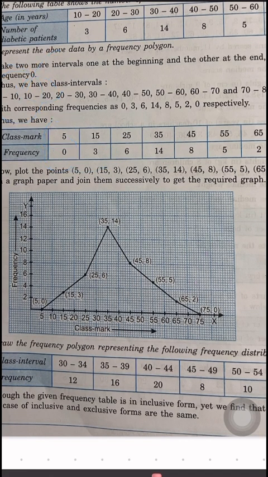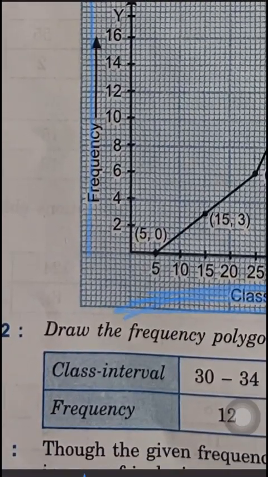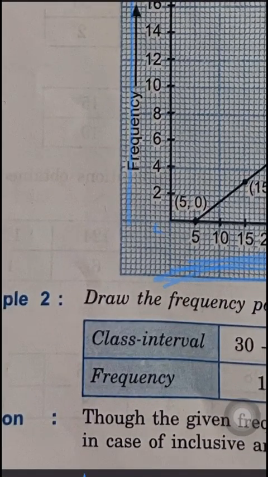For this, you need a graph now. On the y-axis, you have the frequency. And on the x-axis, you have the class mark. Follow the table and plot all the numbers. So we have 5, 15, 25 like this. So we are going to start with 0. So that's why there's this space over here. This part is 0.